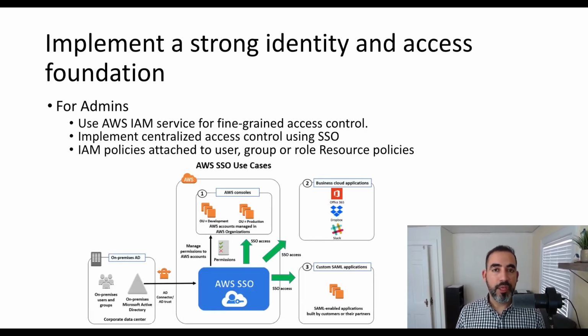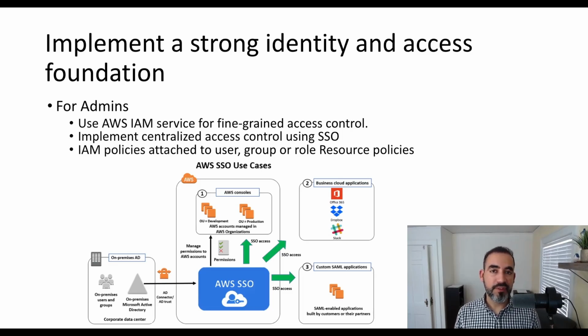So if you have users, those would obviously belong to some company, some organization. They would be using some sort of identity provider for identities. And one of the main best practices within the identity space is to use centralized identity providers.